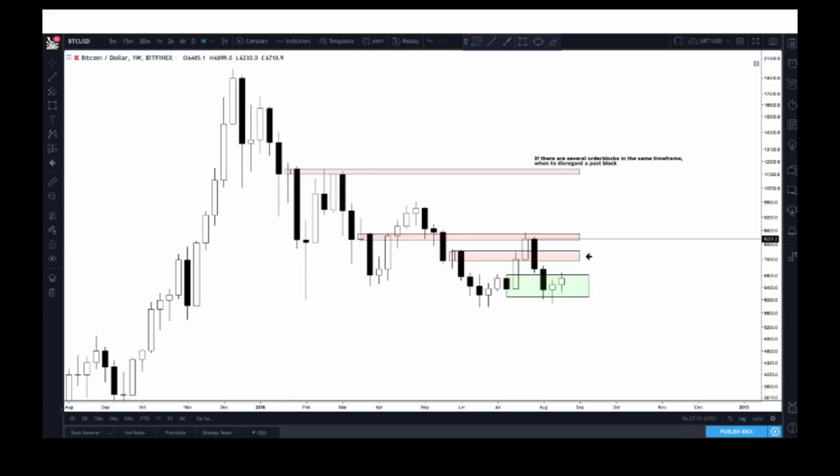We have this downward move that causes a break in market structure. Market structure is bullish. This down move causes a break in market structure from bullish to bearish. After this down move comes an explosive upward move. The move after the order block handle is very key. It's an explosive move after that order block handle. Then you can 100% verify that this level is going to be a significant level.